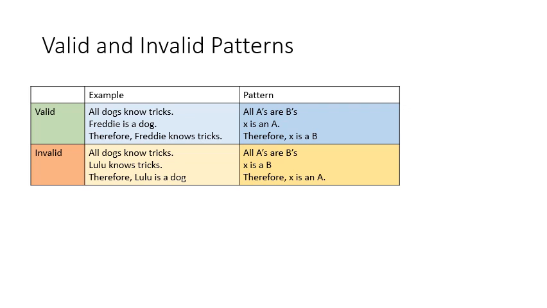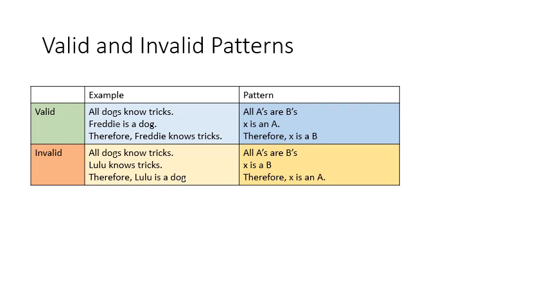I'm just using these two patterns as an example. We have an example of a valid argument that follows a valid pattern, and then an example of an invalid argument that follows an invalid pattern. Remember, if it's valid, then the truth of the premises guarantees the truth of the conclusion. And if it's invalid, then even if the premises are true, it's still possible that the conclusion is false.